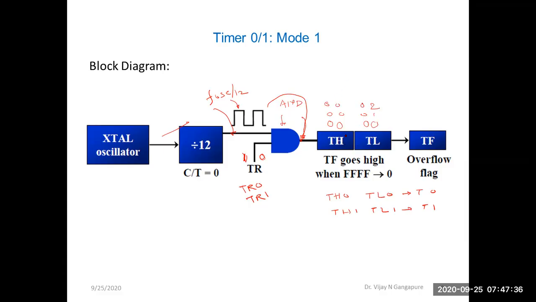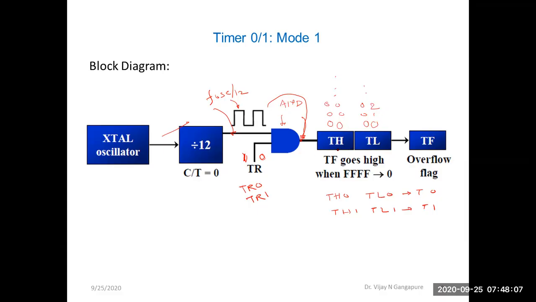In this way the count in TH and TL register keeps incrementing due to the pulses it is getting. When you make this TR bit 1, the count in TH and TL register starts incrementing from the initial value you have loaded in TH and TL. Right now we are assuming that TH and TL registers are loaded with the initial value 0 0 0 0.